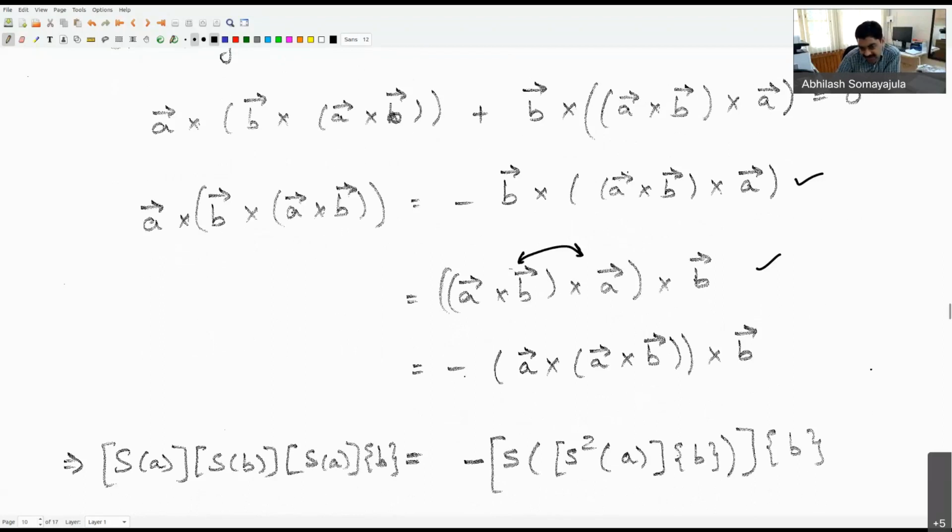So that's why a minus sign comes out and I have A cross B cross B. Yes. So now if I wanted to express this in terms of the matrix form, what would it become? Will it be the same as what I have shown here?